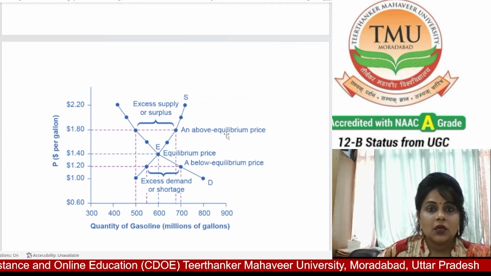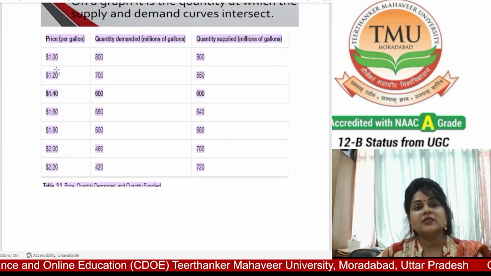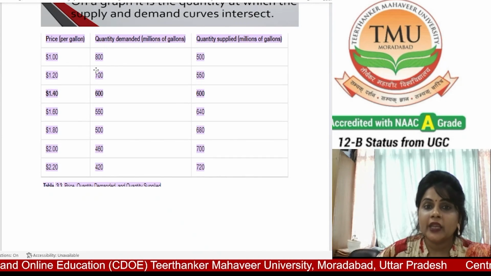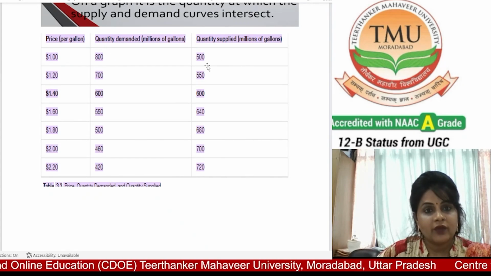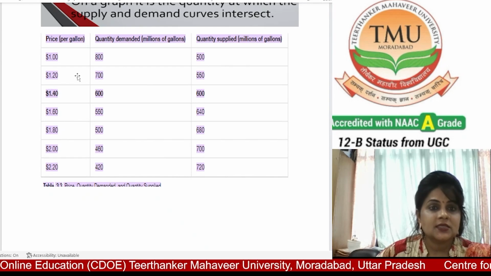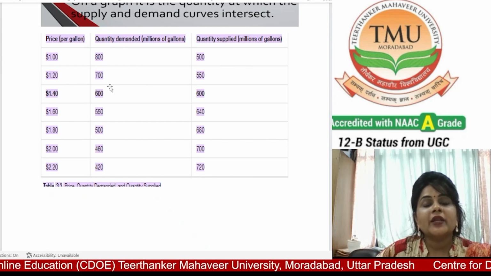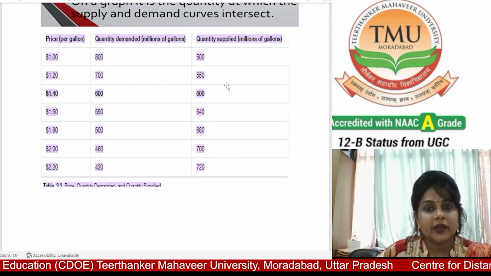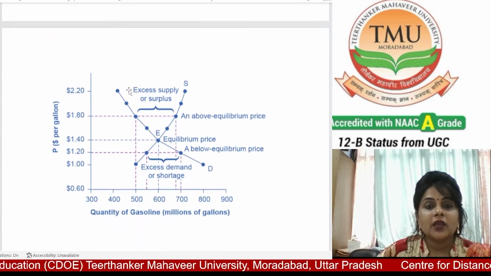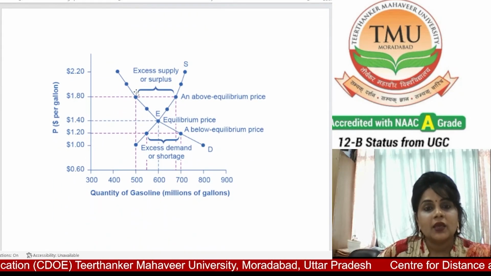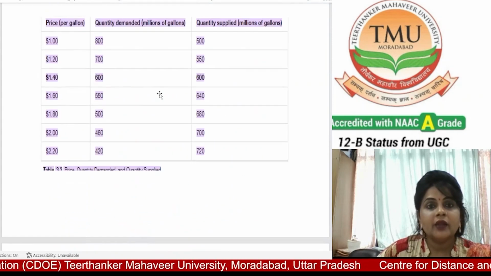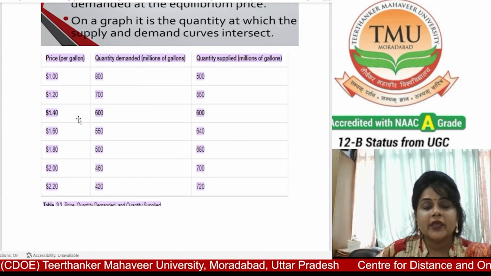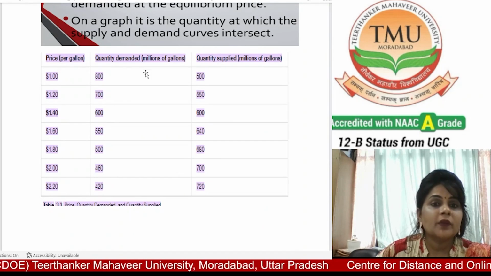In this schedule you see when the price is $1 per gallon, then the quantity demanded is 800 and quantity supplied 500. When the price increases, the quantity demanded is 700, the quantity demanded decreased and the quantity supplied increased. And here is the condition of excess supply, meaning a surplus condition.